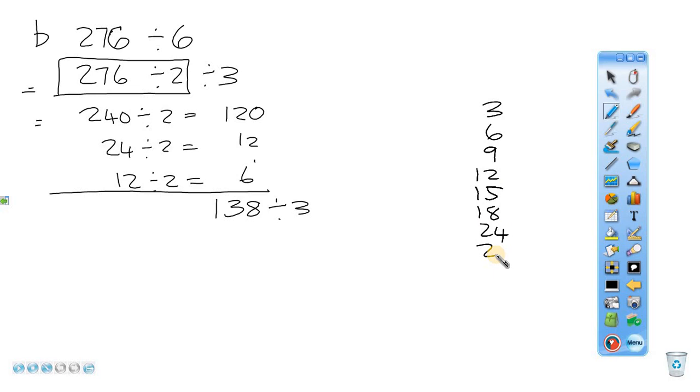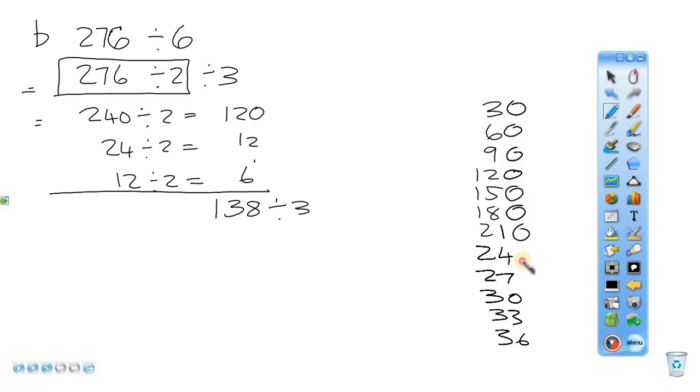Oh, I skipped one. 21, 24, 27, 36. Okay, good. All right, second step. Put a 0 at the back, and then we find the closest number. What's the number that we have?